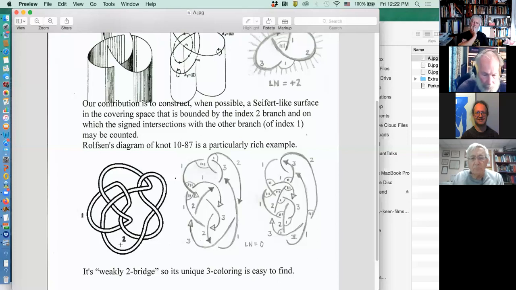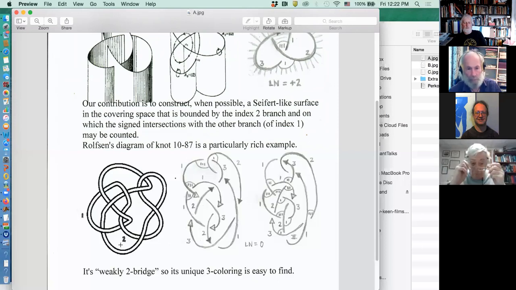Now, some of what I've done in this little short paper that should be coming out shortly is if you have a knot like this and a surface like this, one of these constructed surfaces in pancake form, you can take any monochromatic crossing and reverse it, and you're still going to be bounding one of the covering branches, but you're not going to change the intersection number.